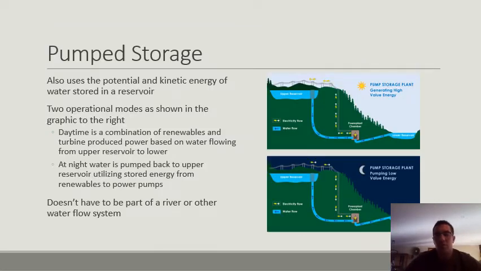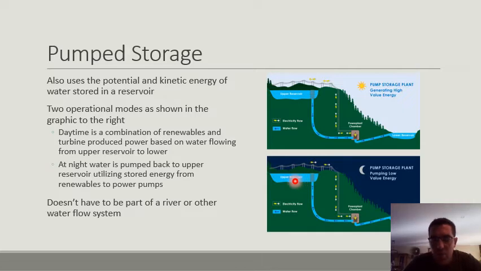The third form is pump storage that I briefly talked about. This also uses the potential and kinetic energy of the water in the reservoir. However, the difference is this will use, say, windmills or solar power to create the electricity during the day, store that electricity, and then pump the water up to the upper reservoir during the night.